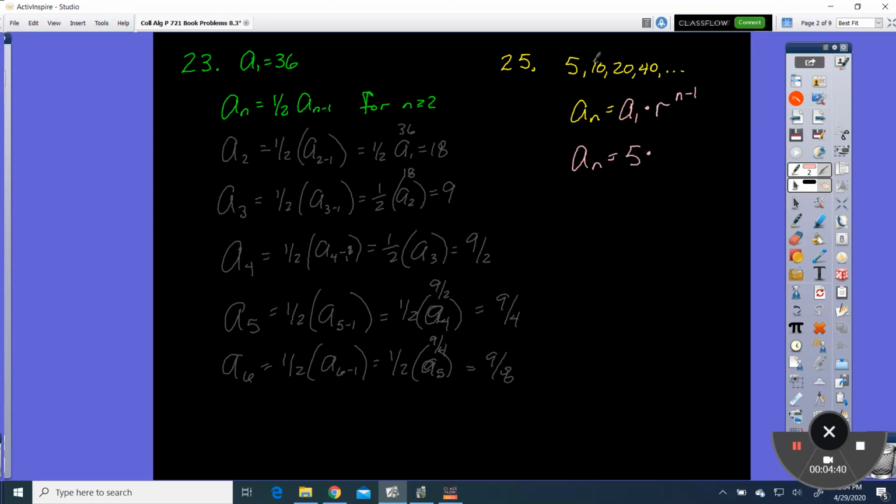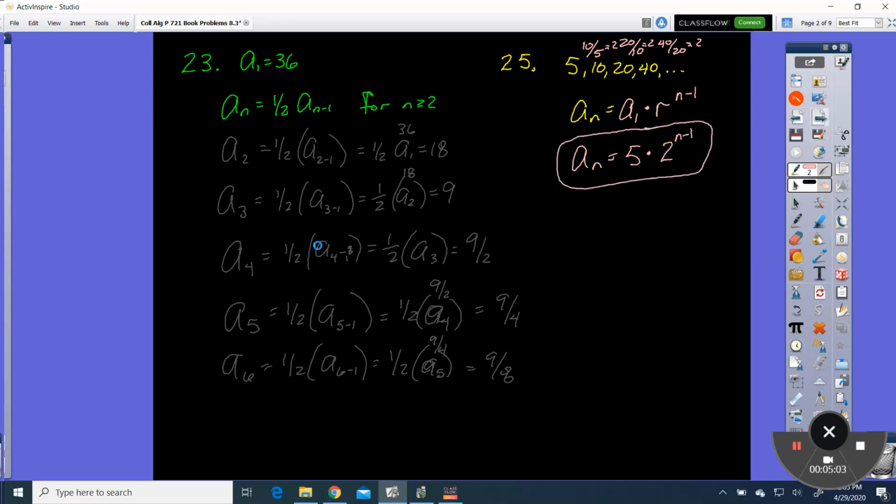So an easy way to find these is just divide the second term by the first term, the third term by the second term, the fourth term by the third term, and you get the same thing on all of them. That's the common ratio. We're multiplying by 2 each time. 2 to the n minus 1. And that's my formula. That's it.